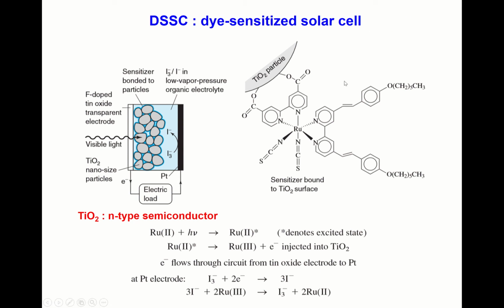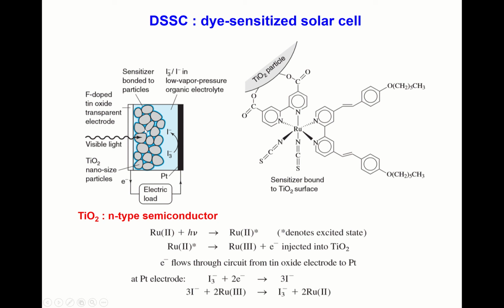To fully understand the principle of this solar cell, you have to know some knowledge of semiconductors and the molecular states of dye molecules. Anyway, the structure roughly is like this one.